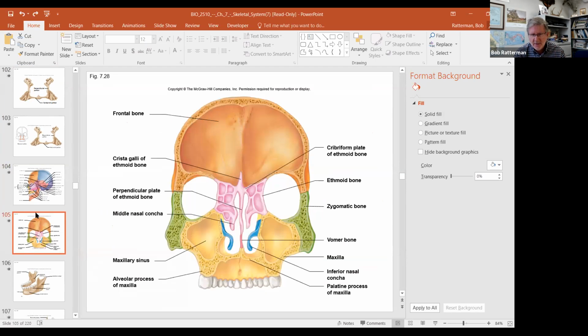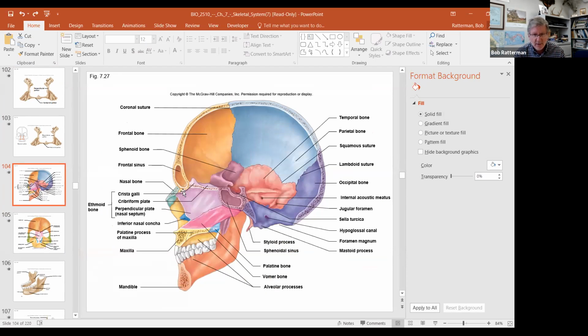I think these are interesting. I don't know that you have to look at these, but they give you a better sense of what the sphenoid looks like if you cut the skull sagittally and looked at the right-hand side. Well, there you see frontal, I see parietal, occipital, temporal, sphenoid, hyoid bone, half of the mandible, part of the maxilla, nasal, and the styloid process here.